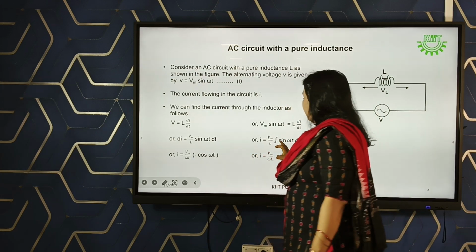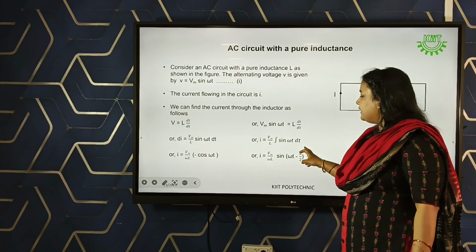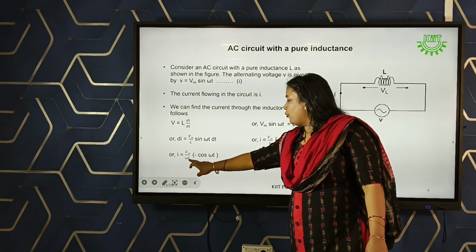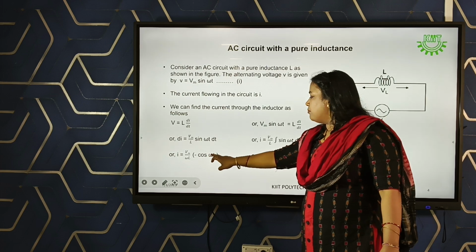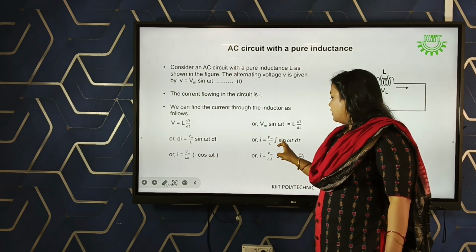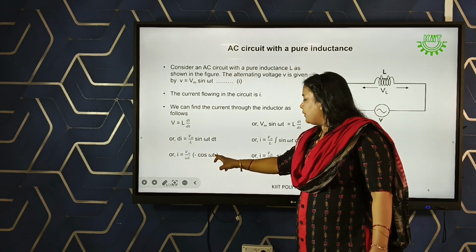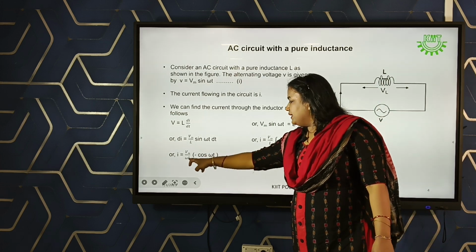Now after taking the integration of sin omega t dt, what will our equation be? It will be Vm by omega L multiplied with minus cos omega t, because the integration of sin omega t is minus cos omega t, and omega is divided.